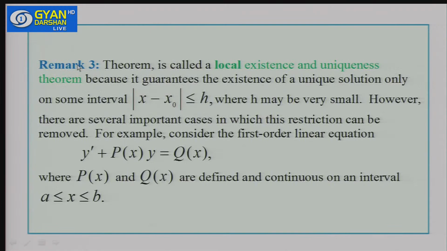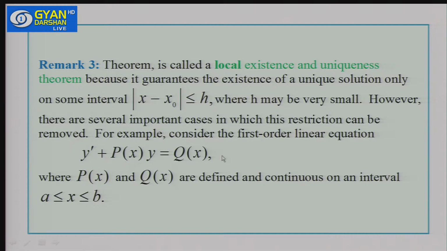Remark 3: this is the local existence and uniqueness theorem, because it guarantees a local unique solution on this interval. If you take this type of linear equation, which you already know, then p of x and q of x being continuous is enough. Not only for first order, but for any nth order linear differential equation, only the coefficients need to be continuous. Since here we are talking only about first order, I have taken the example of first order only.